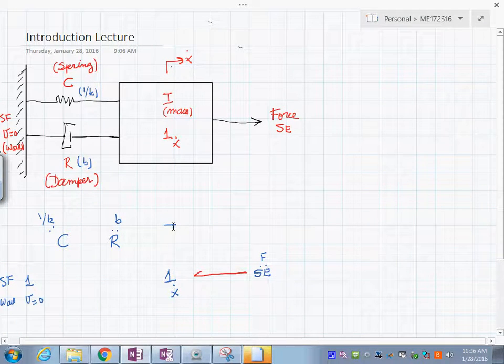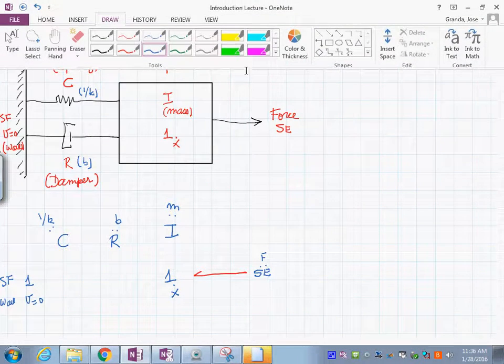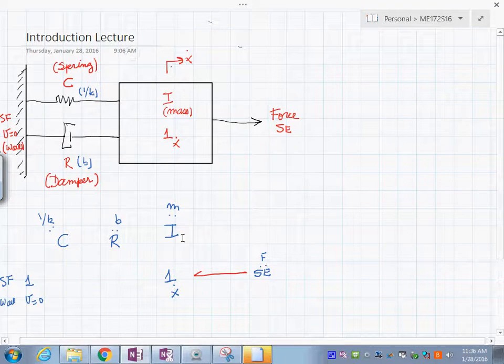I didn't do that, so let me put in here M. And so what I'm saying is that this velocity is common to the mass as well as to this force. And this is connected here, see?